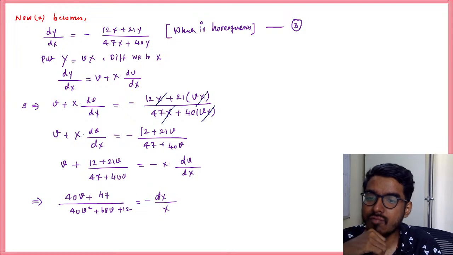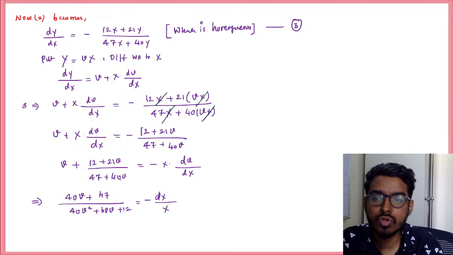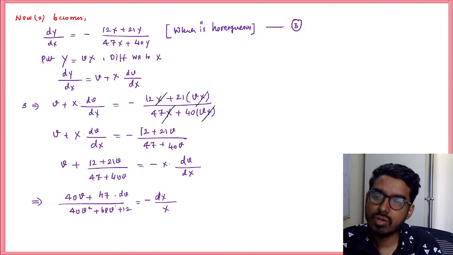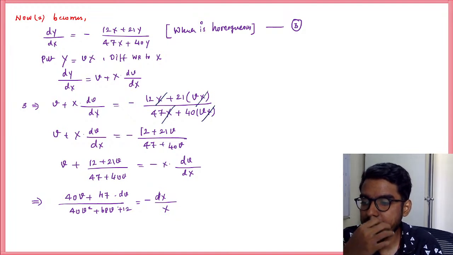Here you will have 47 plus 40v, which after separating the variables turns to the numerator. Here 47v plus 21v is 68v. Here you will have 40v square, and 12 is a constant. Now you can see the variables are separated.